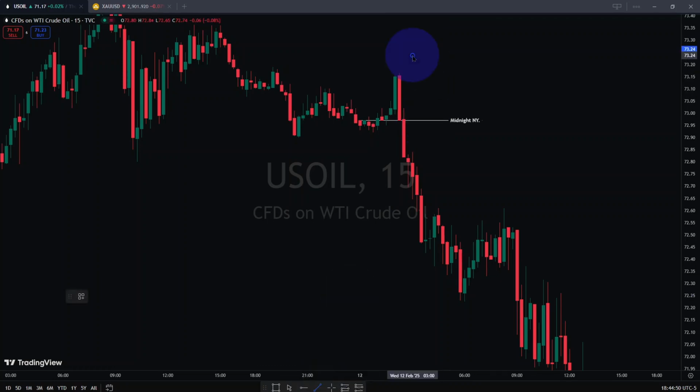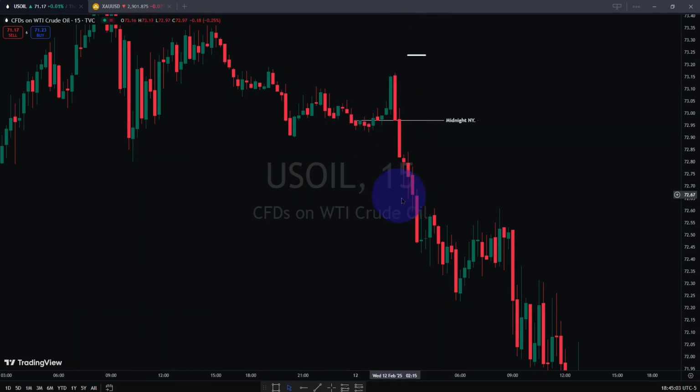This is 3. So that's my own kill zone where I look for my model. From 3 to 4, that's when you want to execute, because most of the time it's better you wait till 3, because sometimes the manipulation waits until 3.